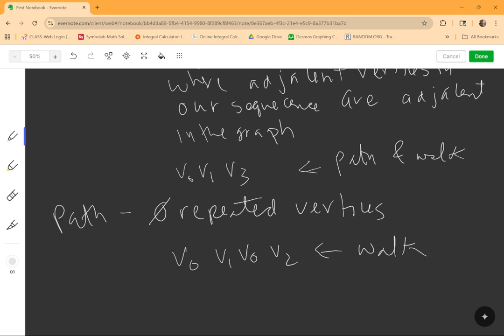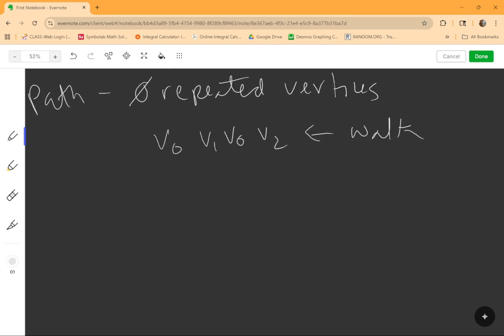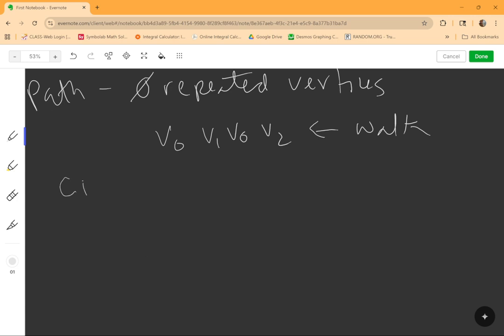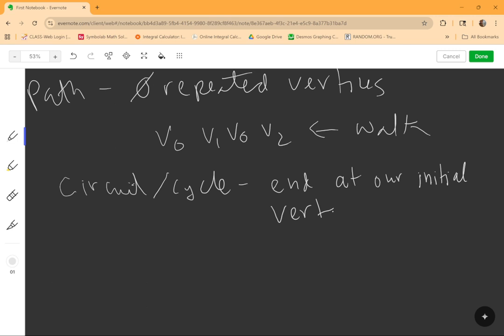From there we can keep going further. What if we define a circuit, sometimes called a cycle? Here we just end at our initial vertex.